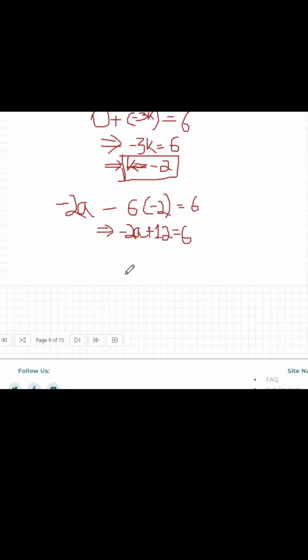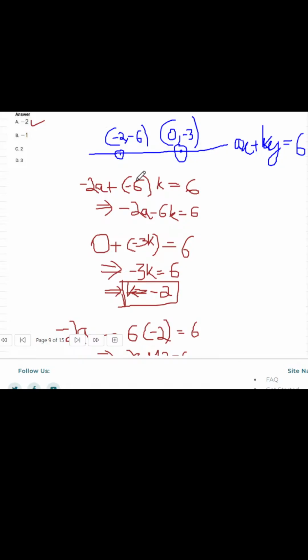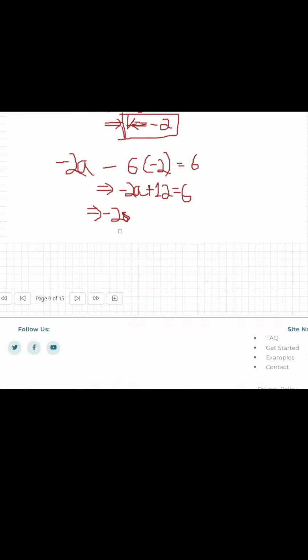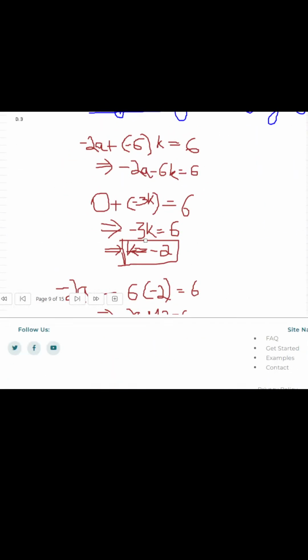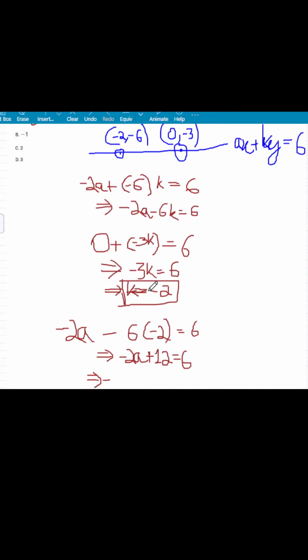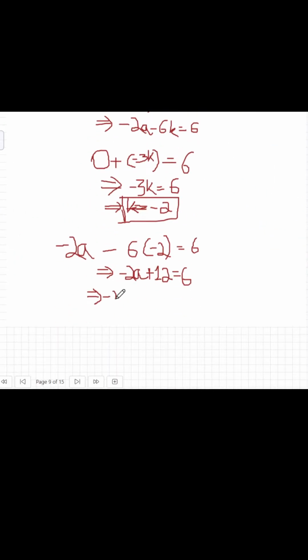So minus 2a is equal to 6 minus 12, which is minus 6, and a is 3.